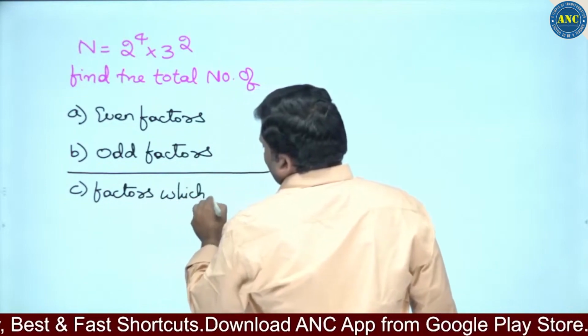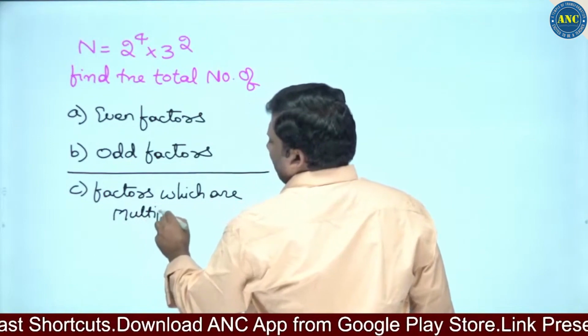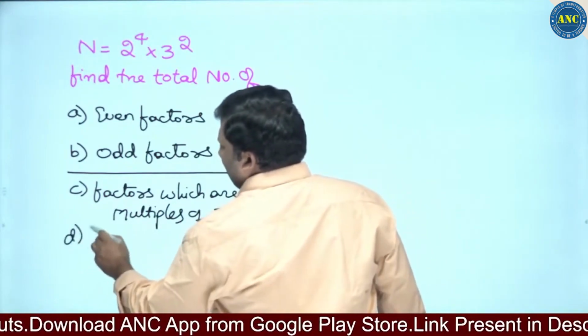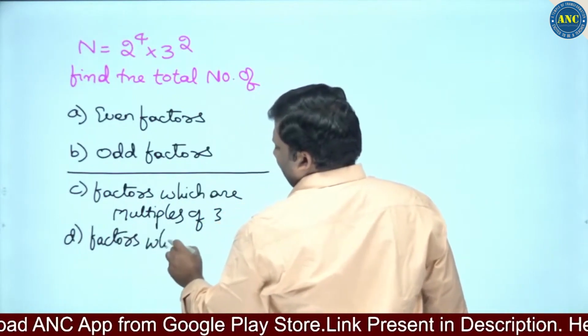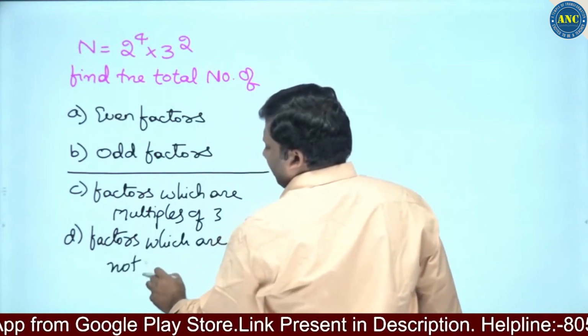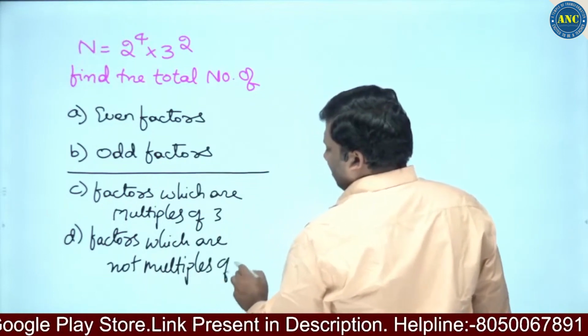Next one, factors which are not multiples of 6.